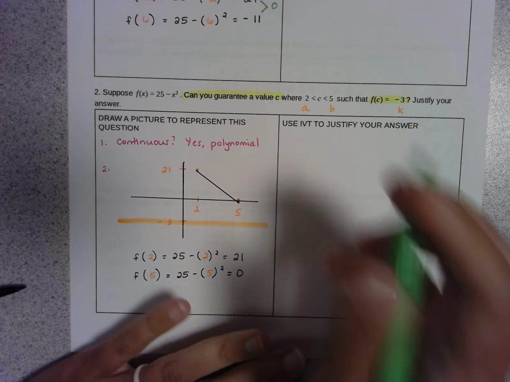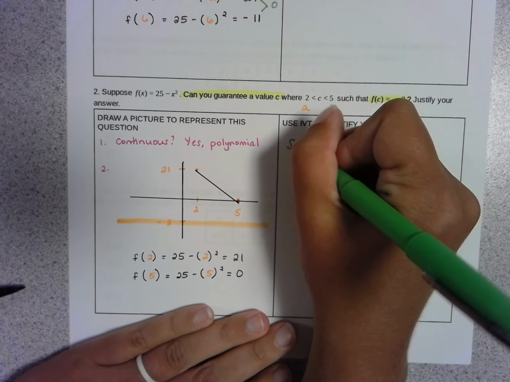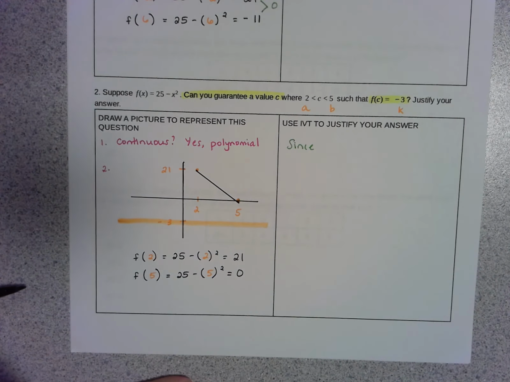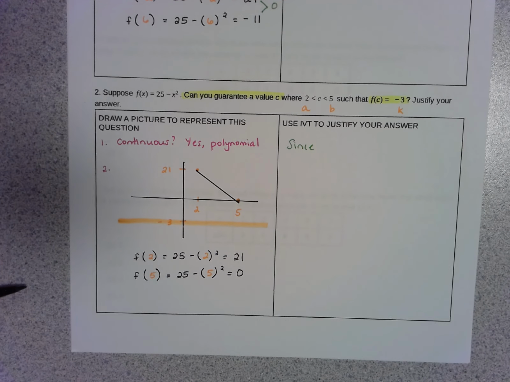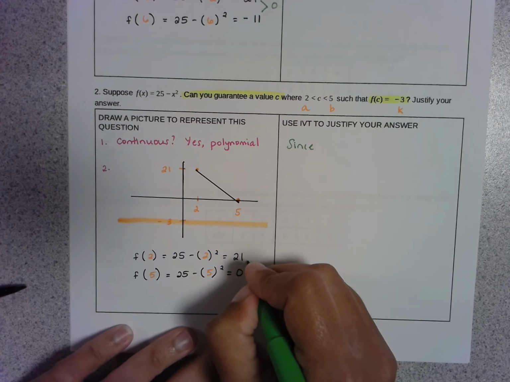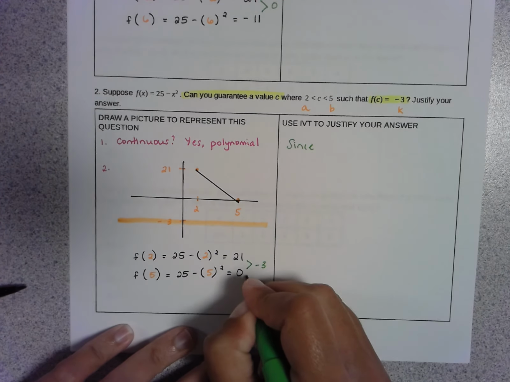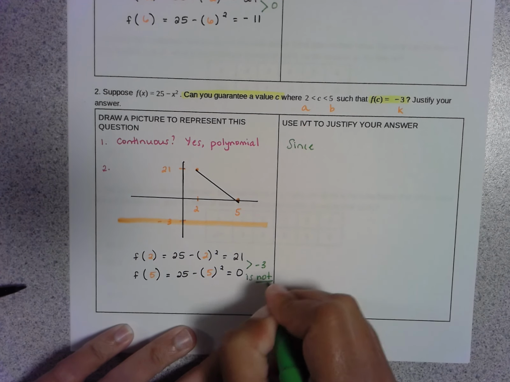The first thing we need to do is say "since," and then tell me what's wrong. I know that f of x is continuous, that was fine, but what's wrong here is that negative 3 is not between these two numbers.